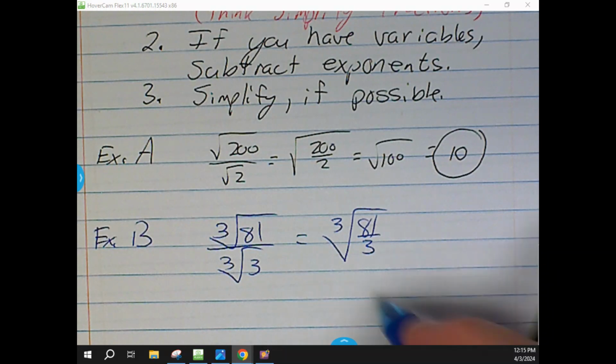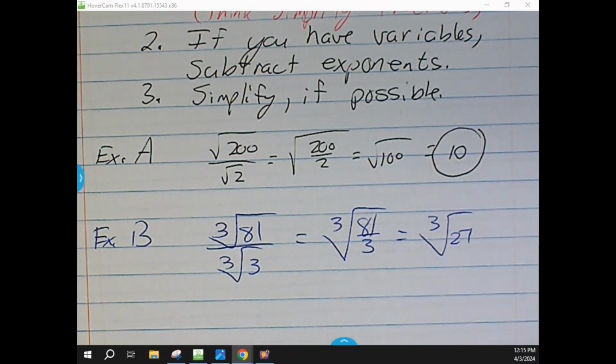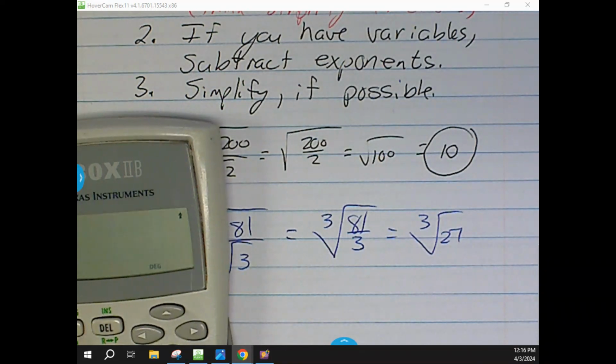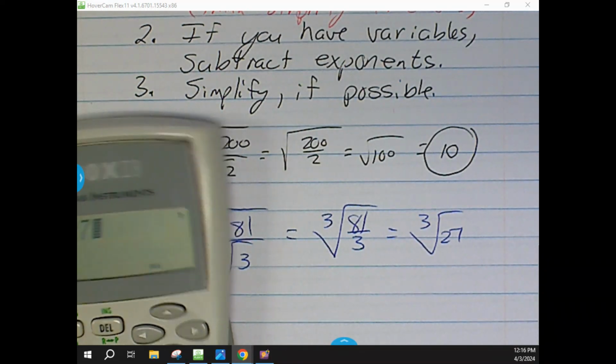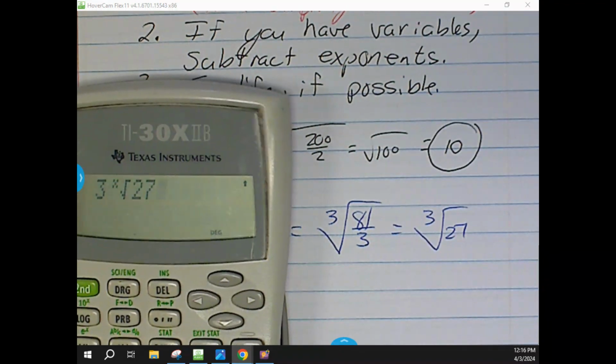Now in that case, 3 will actually go into 81, so that we get a number out of it. So it's third root of 27. And on these numbers, when you get it down to a certain number, then always check it, because a lot of times on these you may get a perfect cube number. So if we do the third root of 27, then that to be just a 3.